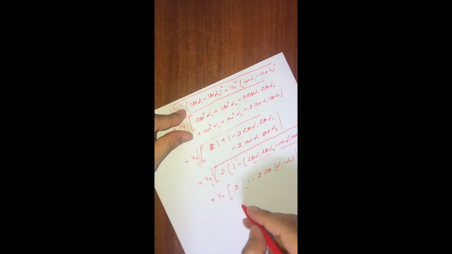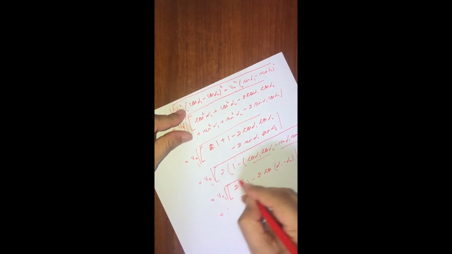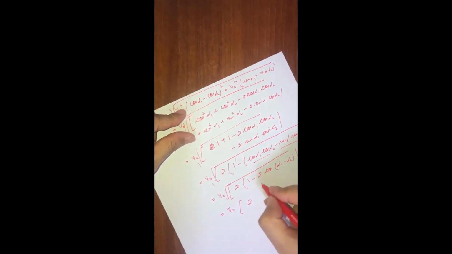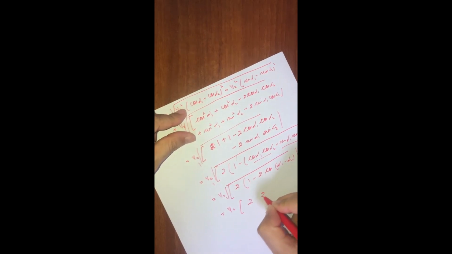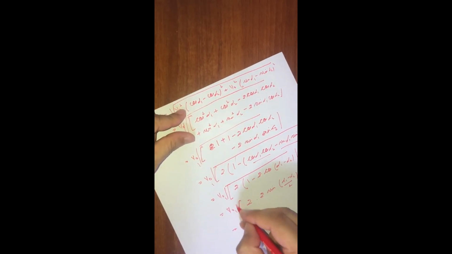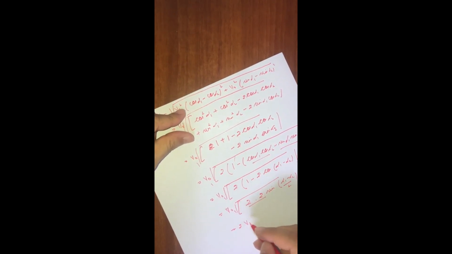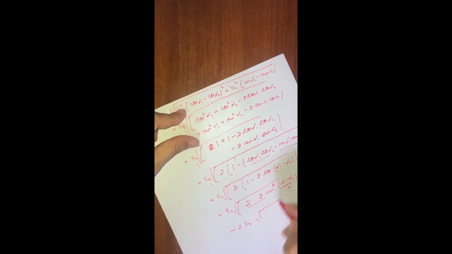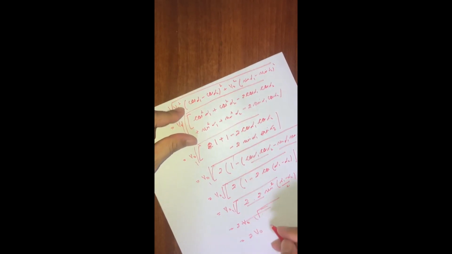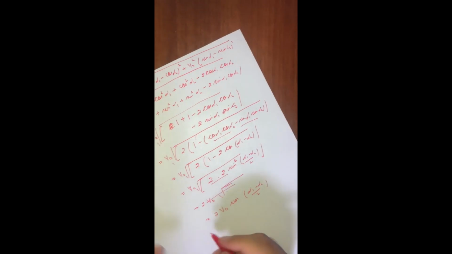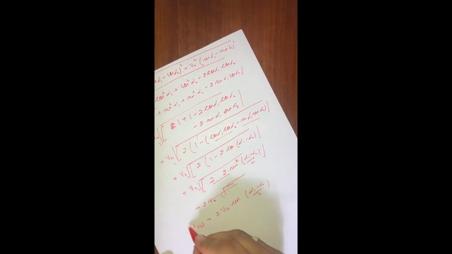This gives V0 times the square root of 2 times 2 sine squared of alpha 1 minus alpha 2 divided by 2, which is 2 V0 sine of alpha 1 minus alpha 2 divided by 2. This is the relative velocity.